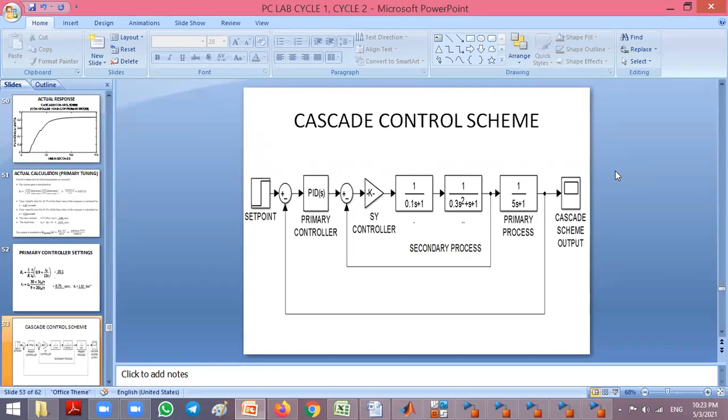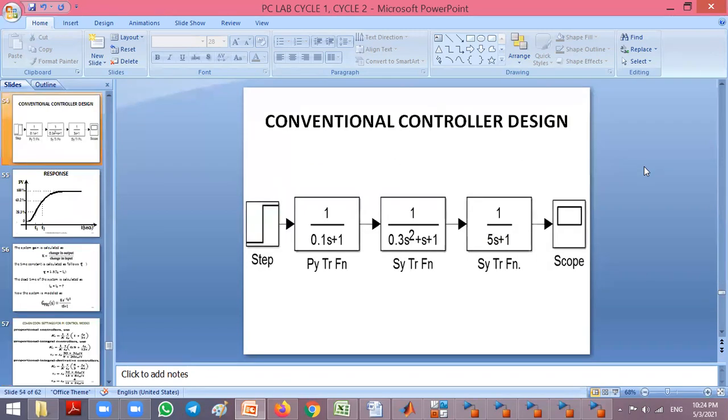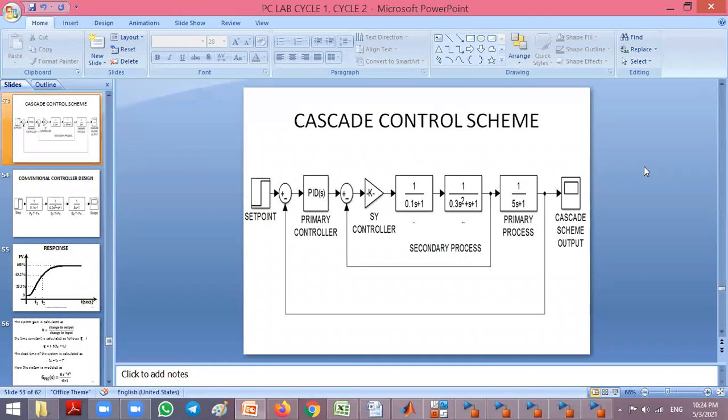What is the second part? We have designed a cascade control scheme. Now I have to prove that this control scheme is better than the conventional control scheme, that is, the scheme without any secondary controller. For the conventional controller design, I have to merge all the three diagrams.